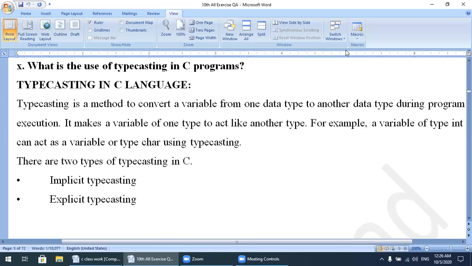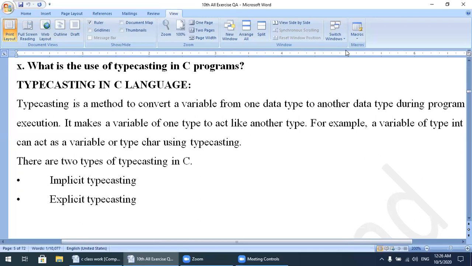It makes a variable of one type act like another type. One type is, let's say, integer, and you want it to act like a float type. This process is known as typecasting. A variable of type int can act as a variable of type character using typecasting.